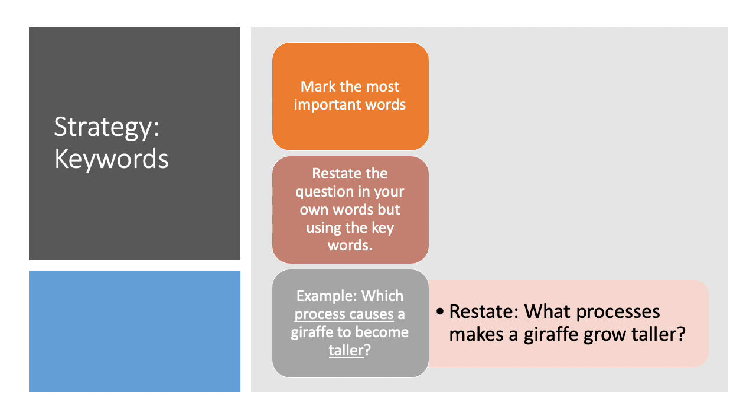So what process makes a giraffe grow taller? Because with become, I want it to get taller. So once again, process, causes, taller. Those are my keywords. I had to do a little bit of thinking work to figure out what they were and what they meant, and then restate it as a new question. What process makes a giraffe grow taller?